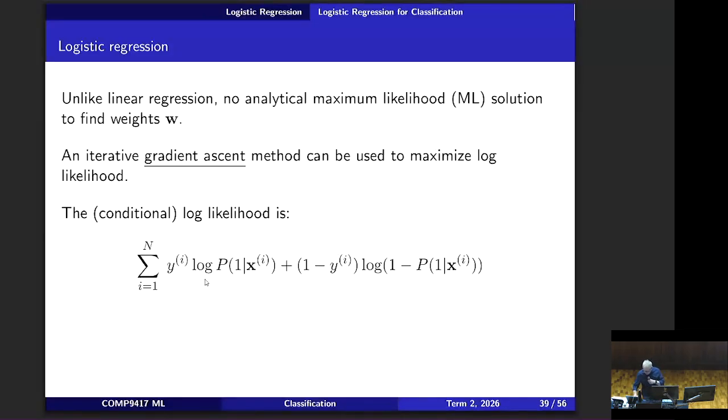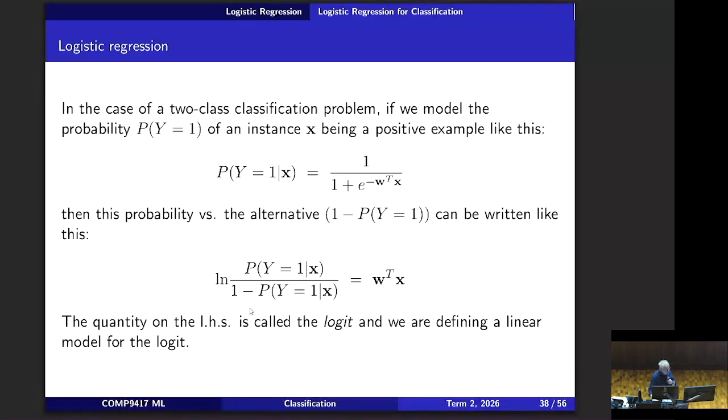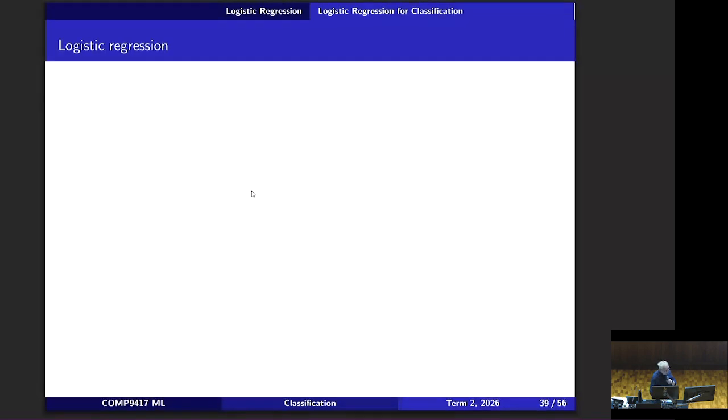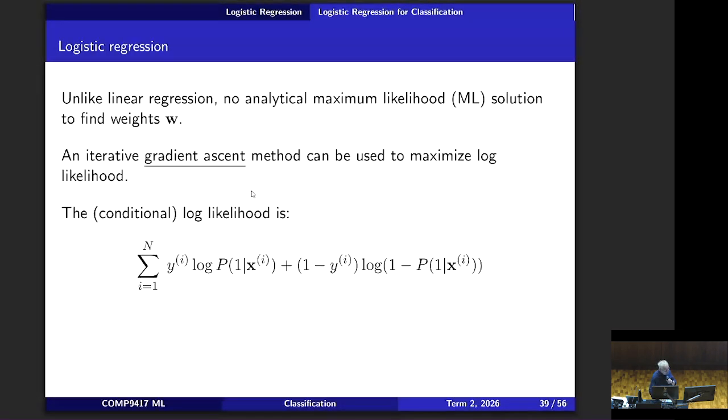We have a conditional log likelihood. Let's go back. It's going to be based on this probability, and we want to maximize it to find the weights.